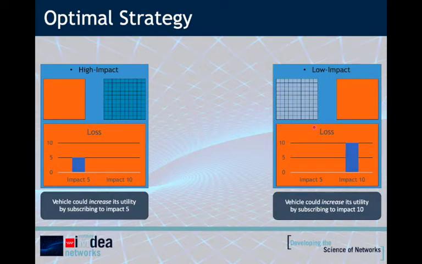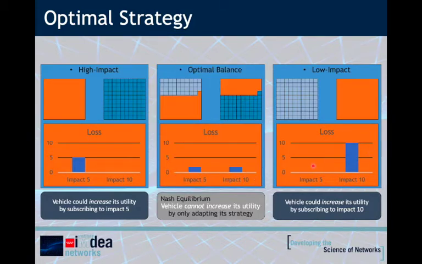If on the other hand we all request low impact messages, then the loss is even higher because we don't get any high impact message. So the solution is somewhere in the middle, in which probabilistically we request low impact messages and high impact messages with certain probabilities.